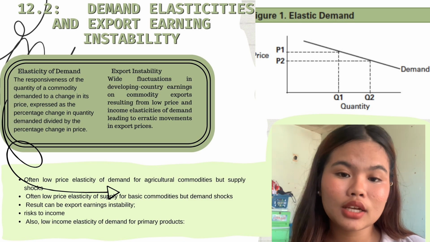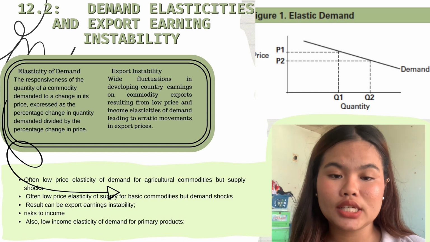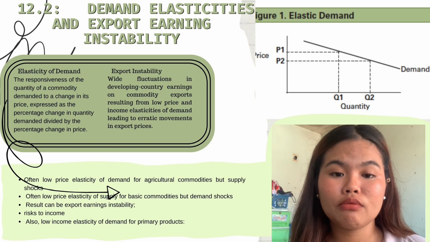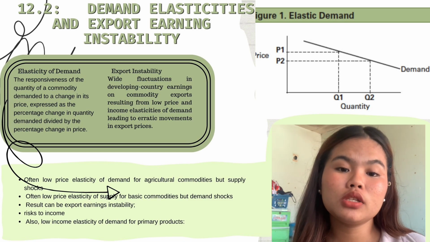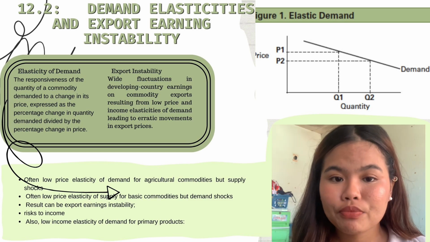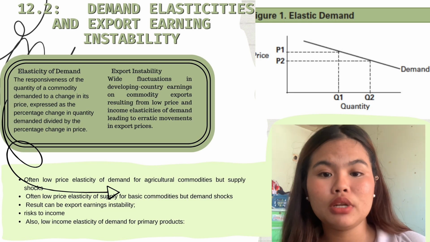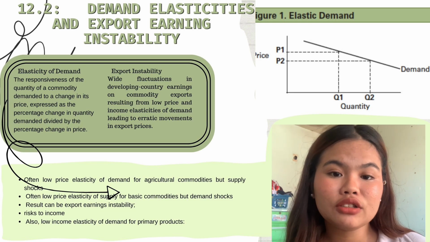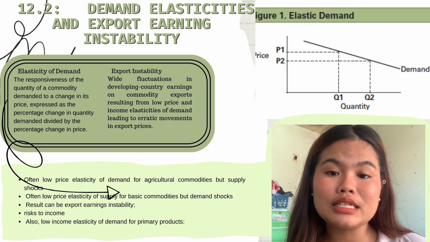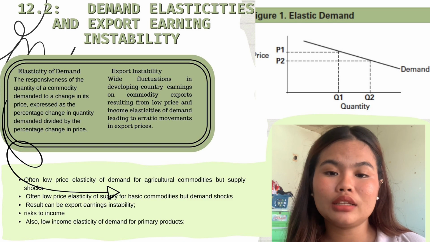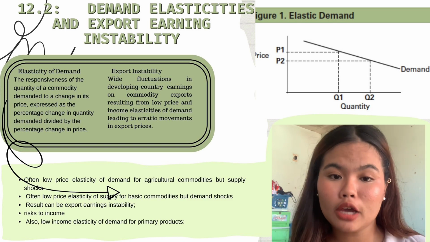Consequently, when incomes rise in rich countries, their demand for food products and raw materials from the developing nations goes up relatively slowly, whereas demand for manufactures goes up relatively rapidly. The net result of these low income elasticities of demand is the tendency for the relative price of primary products to decline over time.